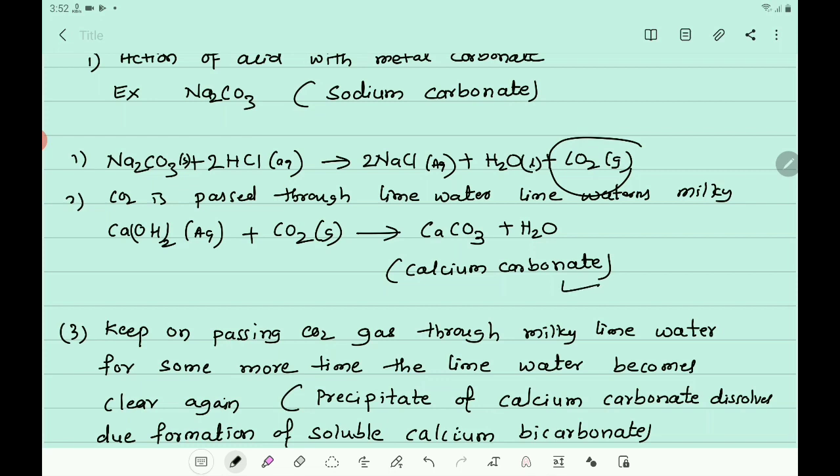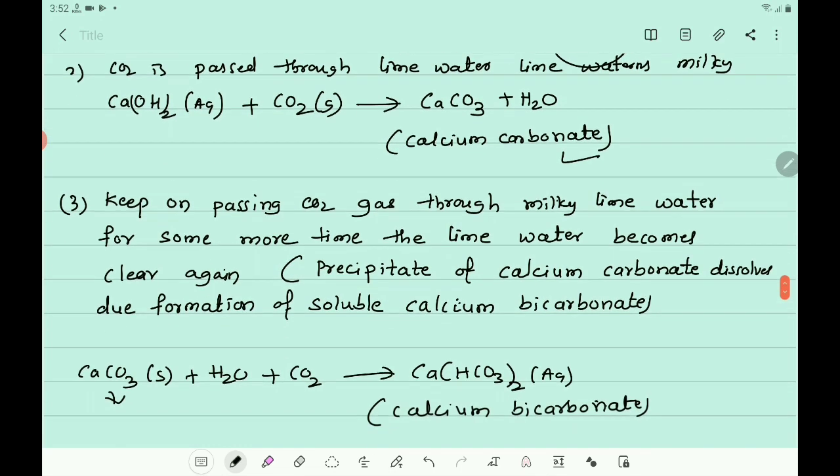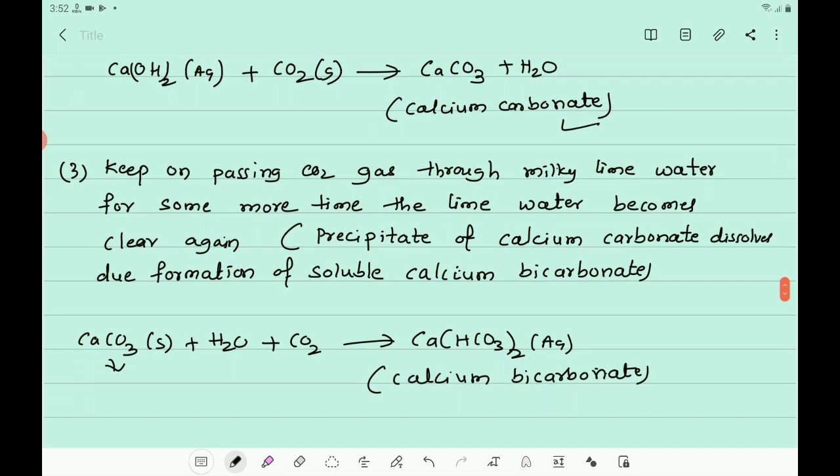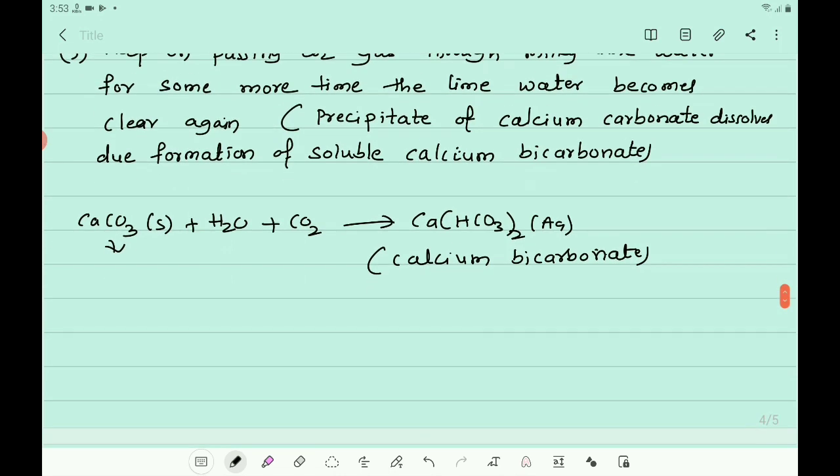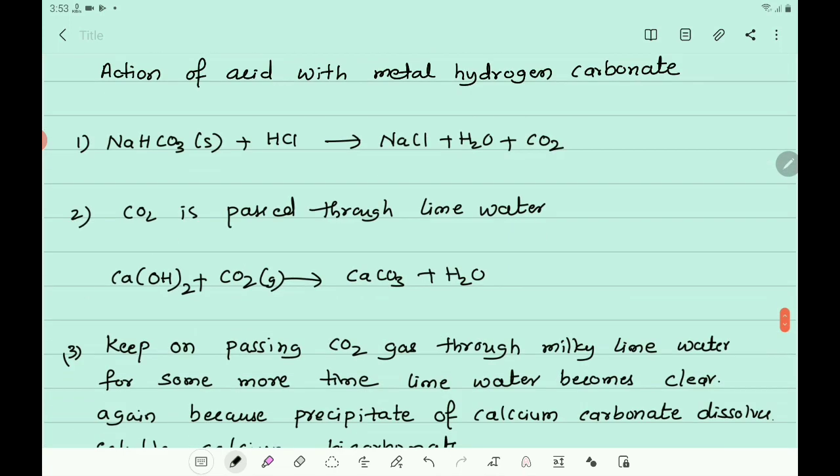Because of the formation of the precipitate of calcium carbonate. Again keep on passing CO2 gas through milky lime water for some more time. The lime water becomes clear again. The precipitate of calcium carbonate dissolves due to the formation of the soluble calcium bicarbonate.